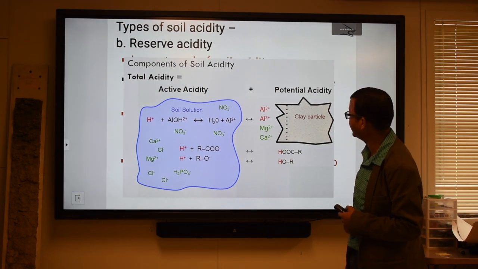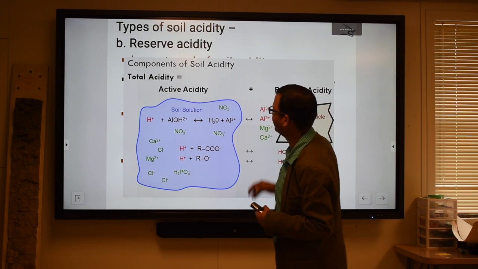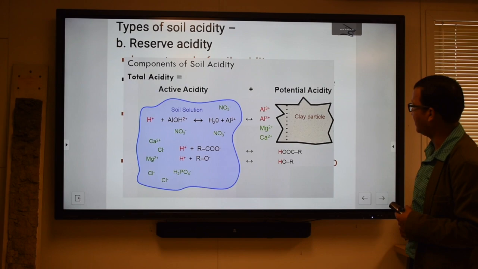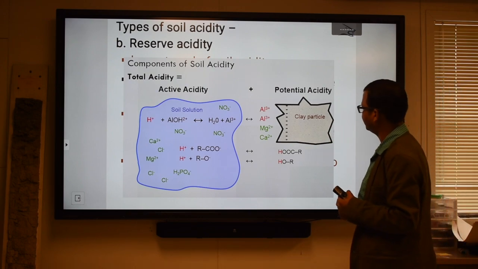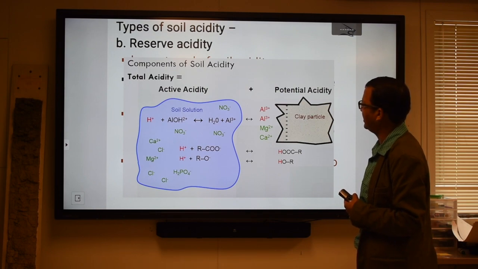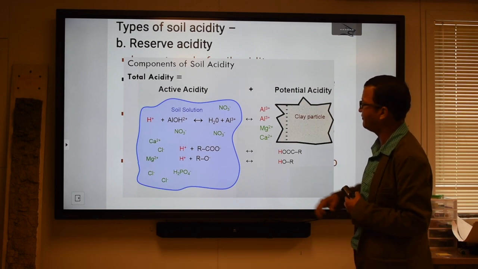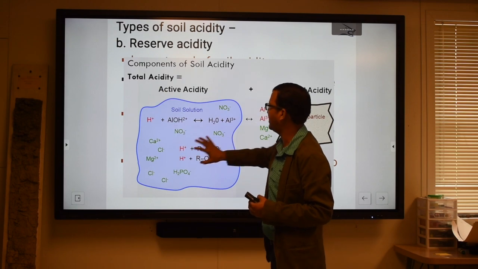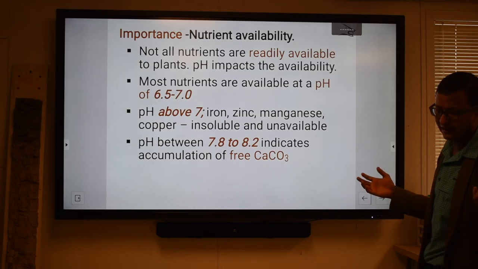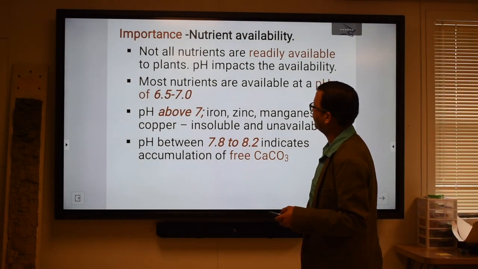For the potential acidity, there are other procedures to measure it. We are not doing that in our lab, but you can use buffer chemicals. It's the same principle, but on top of what we are doing today, you will add buffer chemicals.